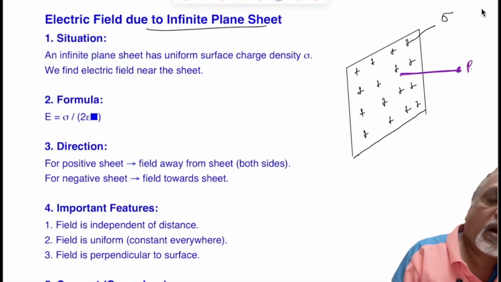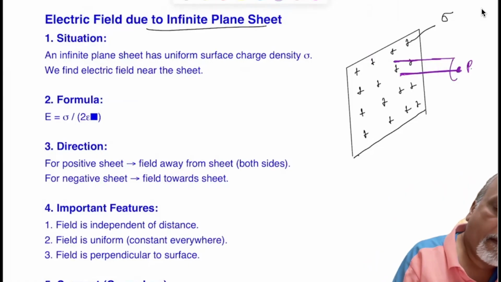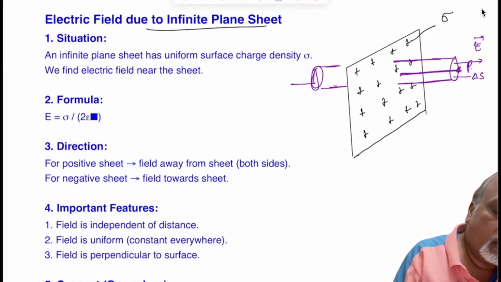So here also you can make a Gaussian surface. Just see, here the electric field is, and here also delta S is there.